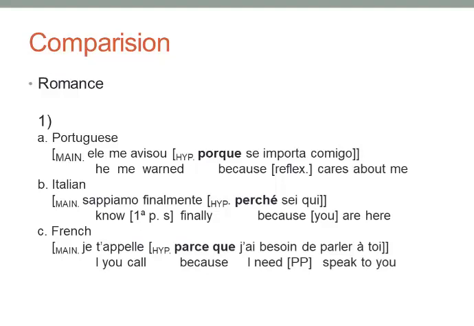They are already launched in the phonetic form, differently from what we have in Portuguese. But it seems that all of these connectives, porque, perché, and parce que, work quite the same.